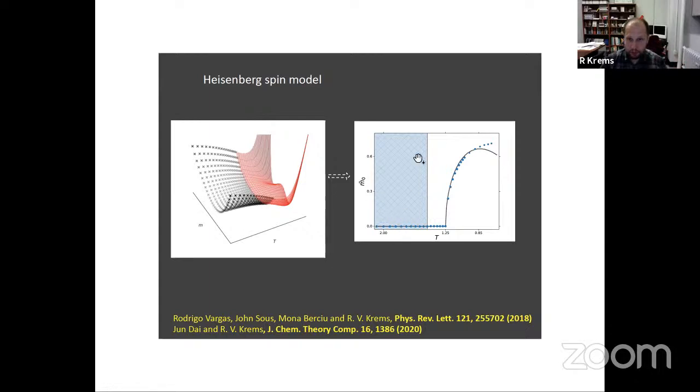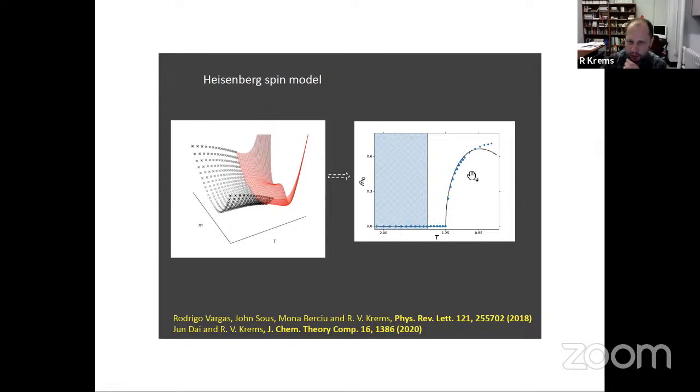So basically we trained the model in this shaded range of temperatures. And then we let the model predict the magnetization, or the free energy, and consequently the magnetization at temperatures below this line here. And so the symbols here are the model predictions. And again, the dashed line is the mean field result.